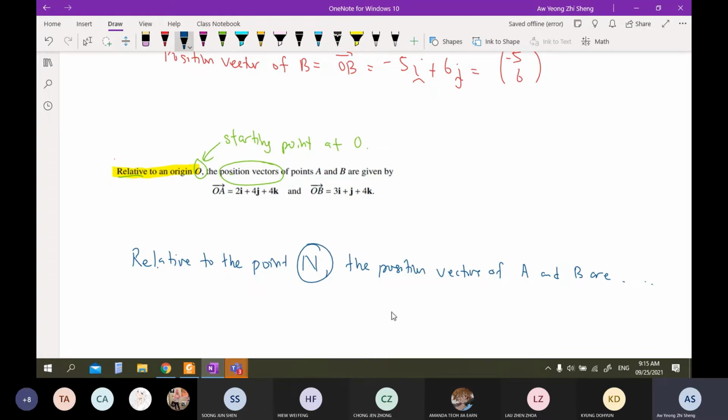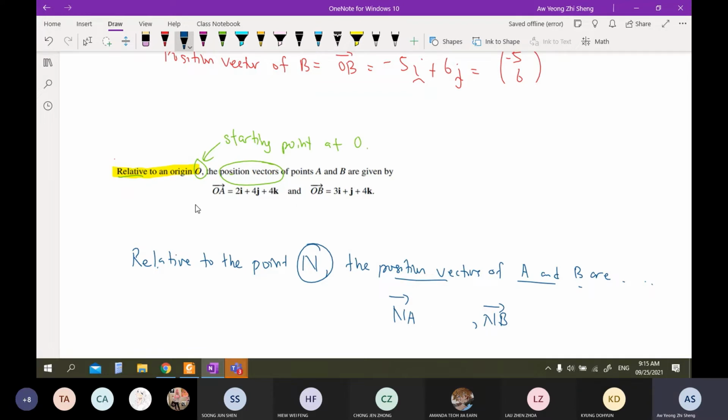So they are actually talking about vector NA and vector NB. When they say position vectors of A and B relative to N, what they mean is NA and NB. But this is very rare. In 99.9% of exam questions, it will be relative to the origin O.